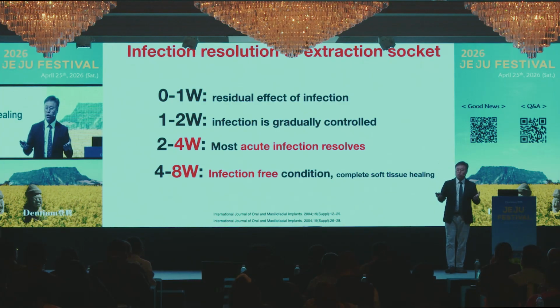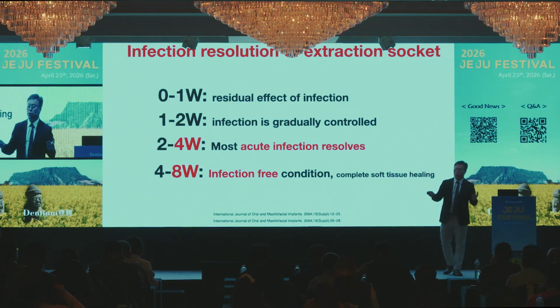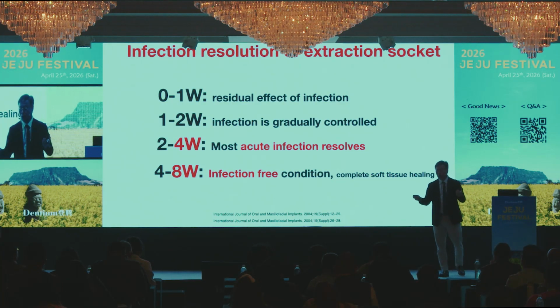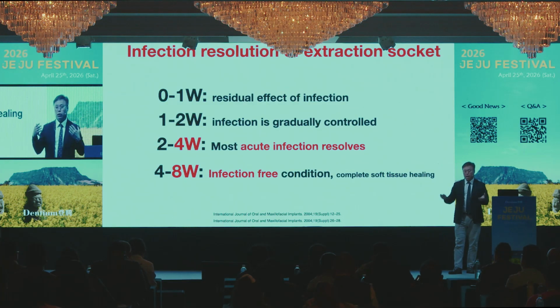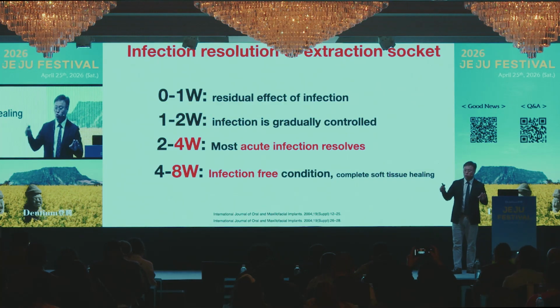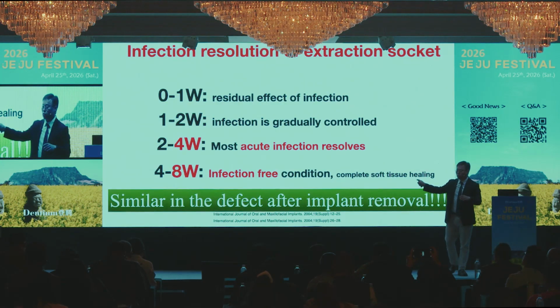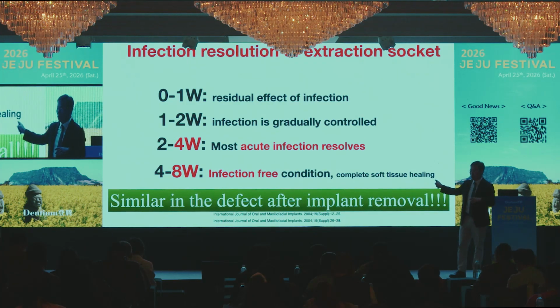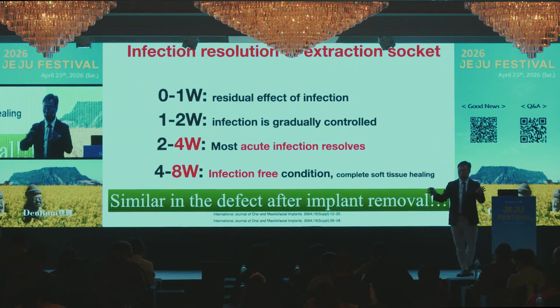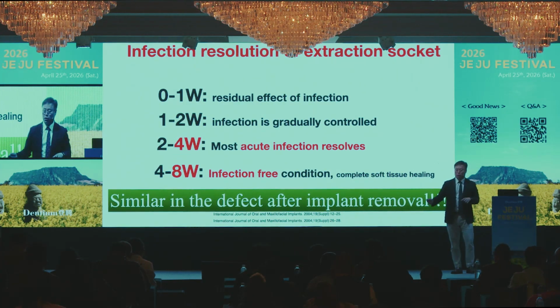For acute infection, we have to wait 4 weeks, but for chronic infection, we have to wait 8 weeks. So we have to wait about 8 weeks for the resolution of the infection in the extraction socket. I think this is also in common with the defect after implant removal.